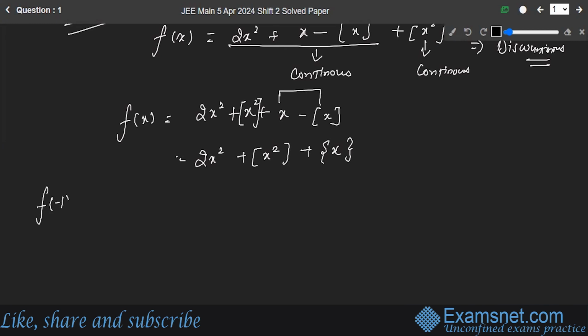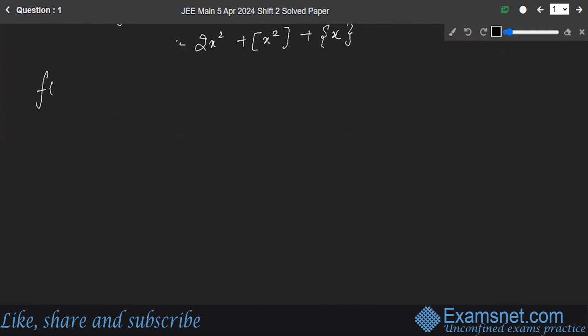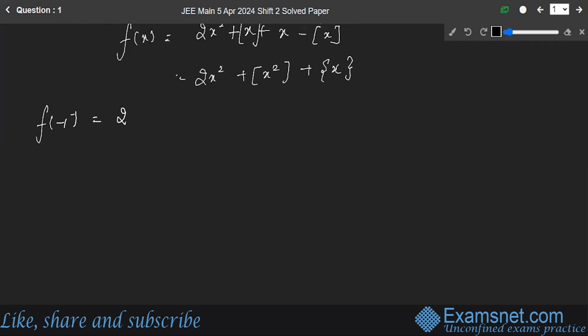Now let's go for f of -1 minus, going on the negative side. This will give me a 2 because of the square over there, plus 1, and this will give me a 0. So this is equal to 3.